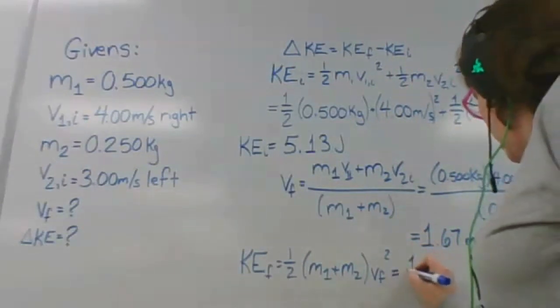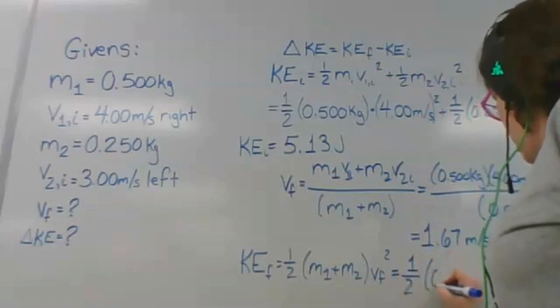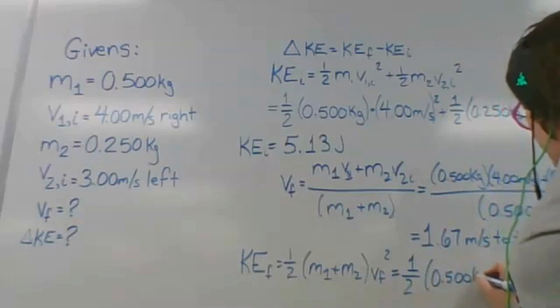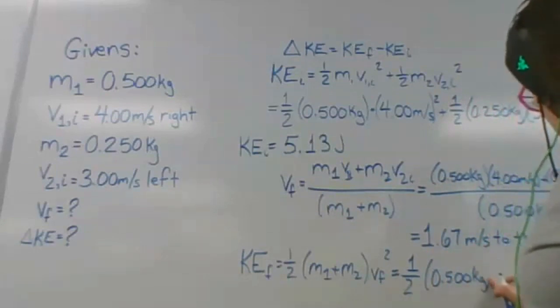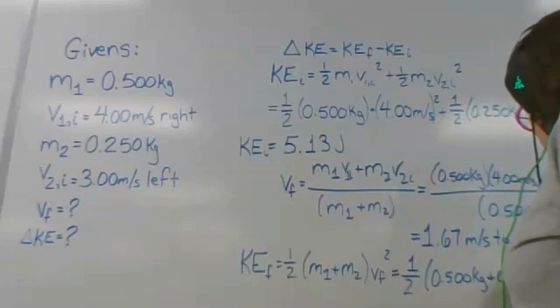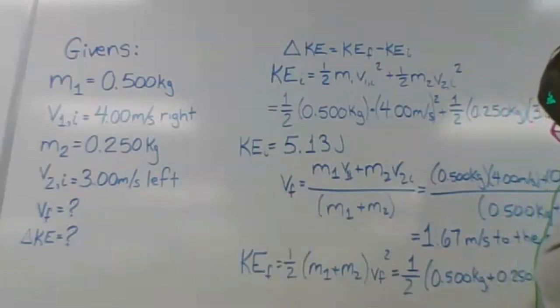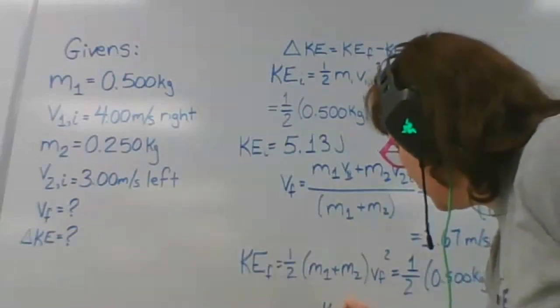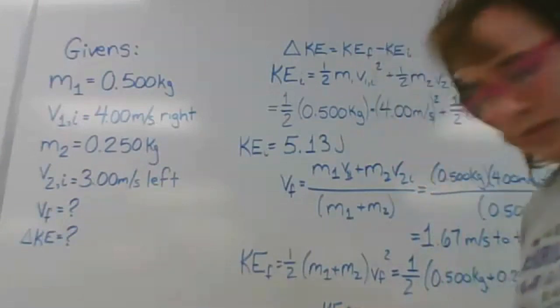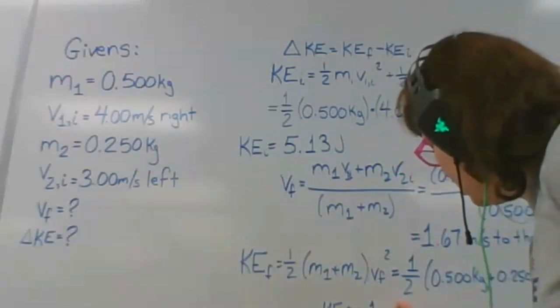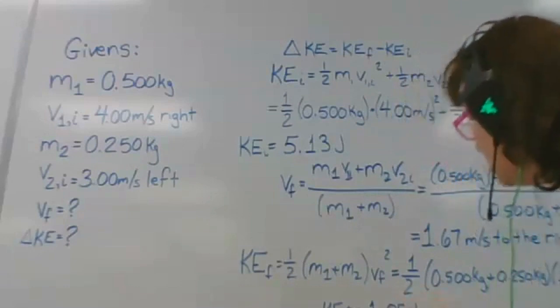So we get 1/2 times 0.500 kilograms plus 0.250 kilograms times the 1.67 meters per second right, squared. So KE final is equal to 1.05 joules.